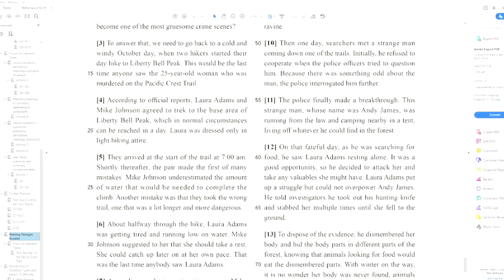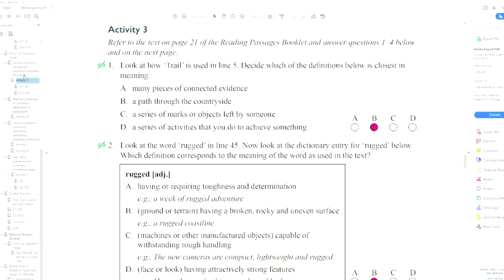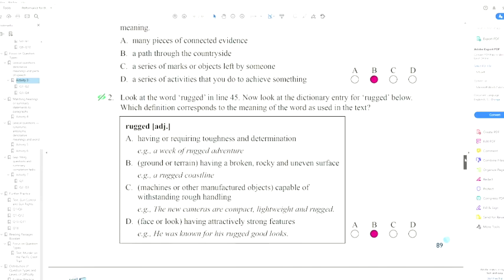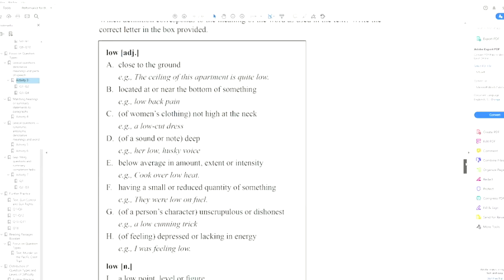About halfway through the hike, Laura Adams was getting tired and running low on water. Okay, so it won't mean like the airplane is flying low. Obviously, this is going to be talking about the level of water is low. So which of these would have a low, not much?